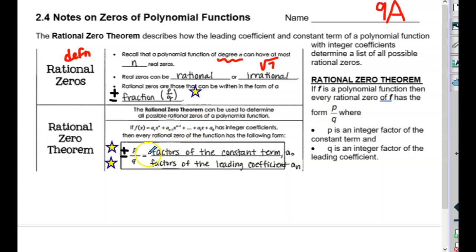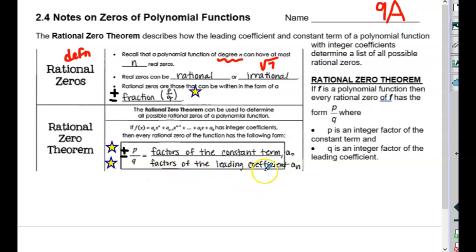And to find that, you find all the factors of the constant term over the factors of the leading coefficient. Is that vocabulary that we're comfortable with? Constant term means it has what? If you have a polynomial with a whole bunch of crazy stuff, the constant term is the one that has no variable attached to it, no x, okay?